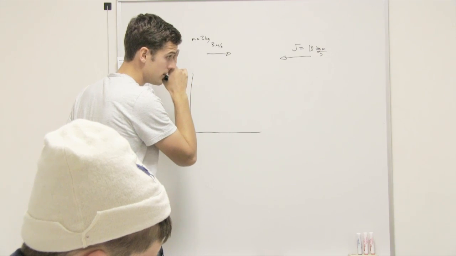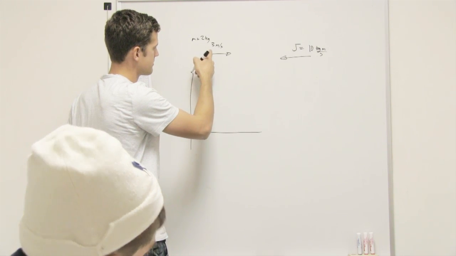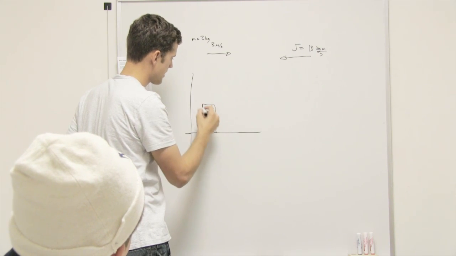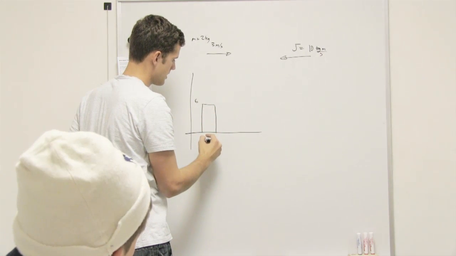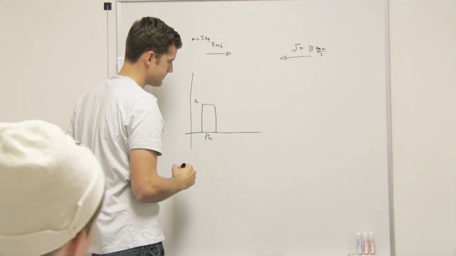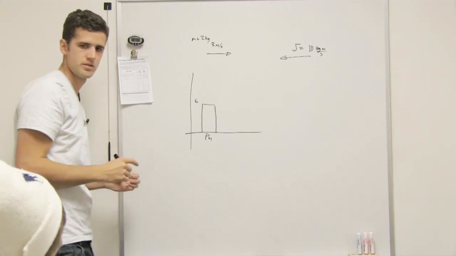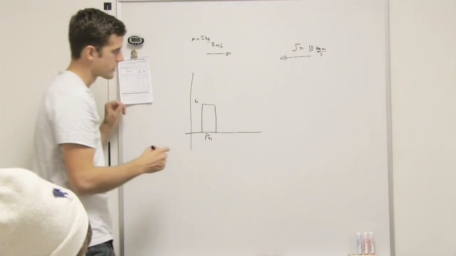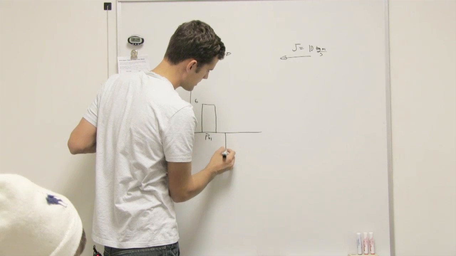What's our initial momentum? 6. So you started at 6. This is px initial. What's our impulse? -10. Yep, so then you draw this.